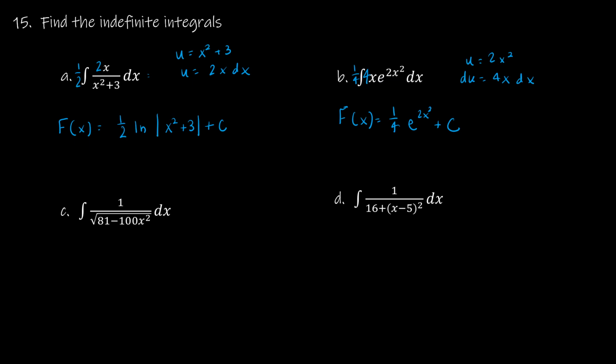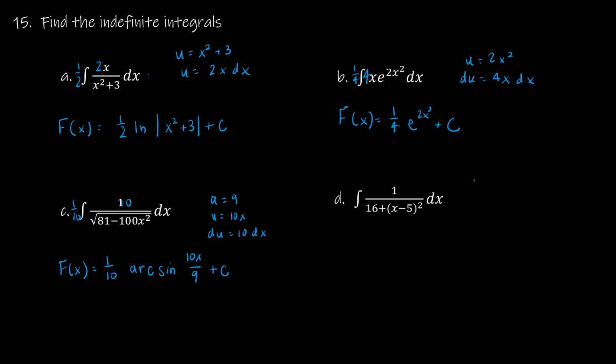For c, I've got a is 9, so remember these were the kind of trickier ones where you have an a and a u, so u is 10x, and then du is 10 dx. So this needs to be 10, so this is 1/10. So f of x is 1/10, and then we just have to find the one that fits that pattern, and that in this case is arcsine, and that's going to give me 10x over 9 plus c.